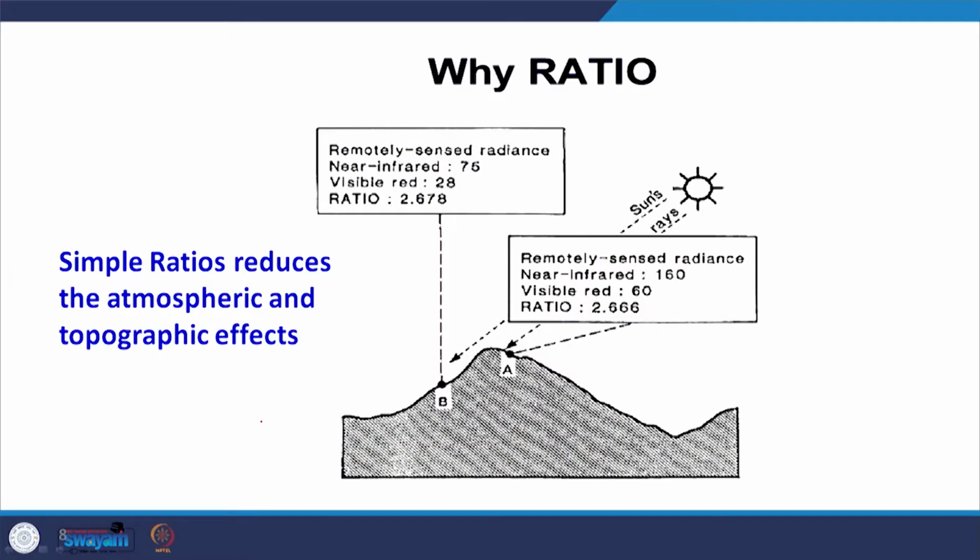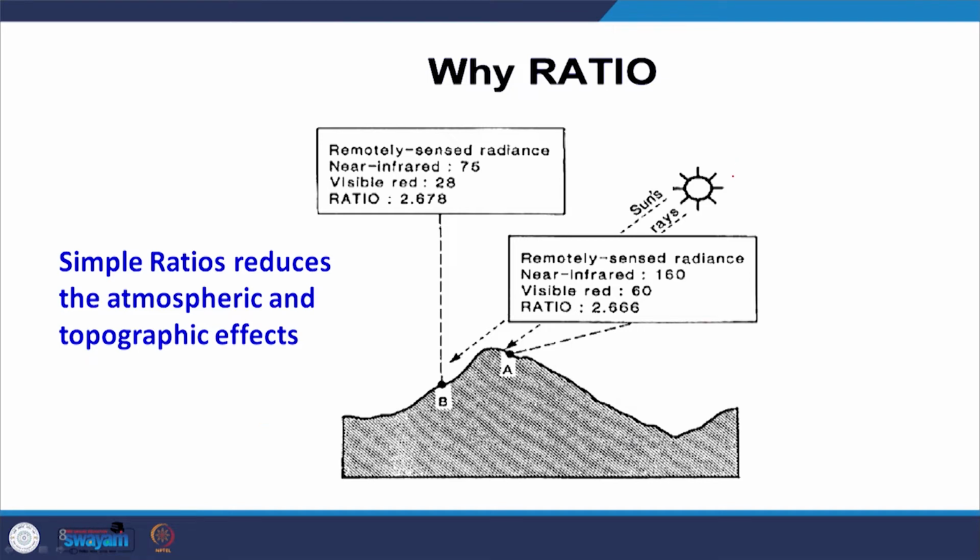Sometimes we find that such a color composite will highlight certain features much more clearly. As I told you, the ratio image will reduce the impact of the terrain, topography or the sun elevation, which we can see simply here.